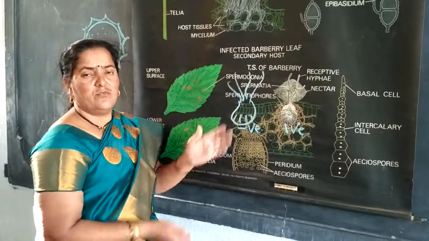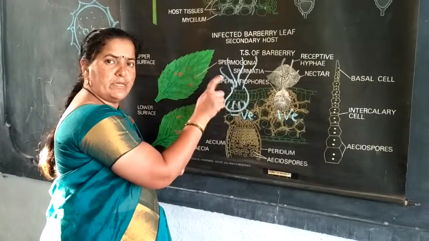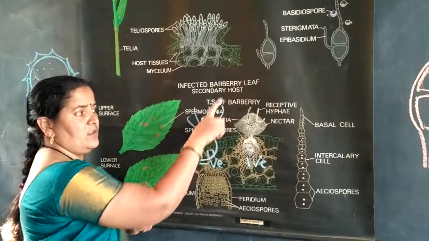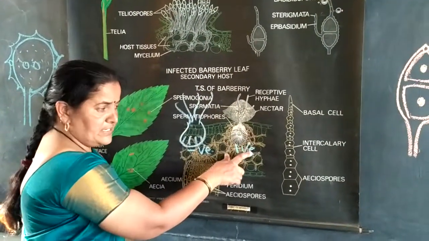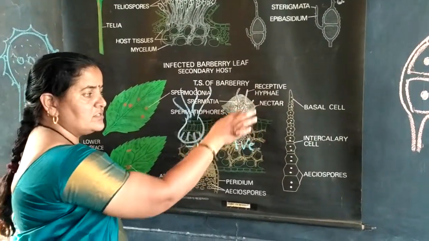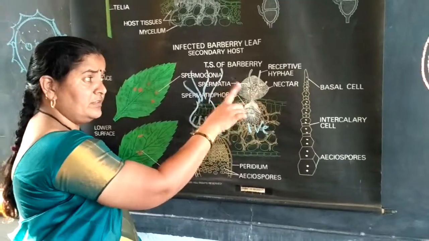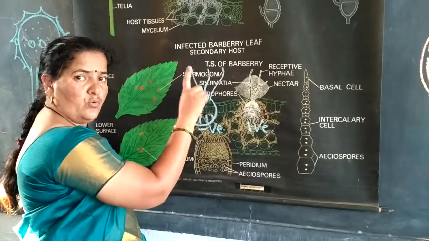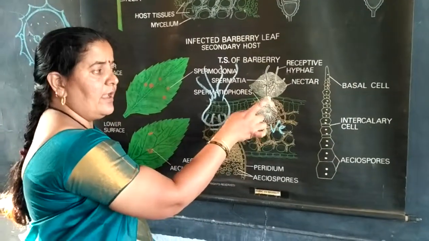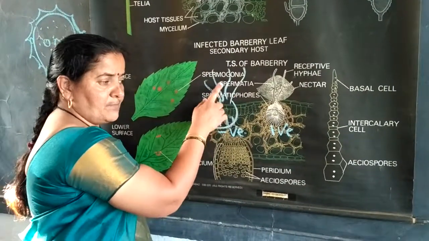When an insect visits the negative pycnidium, negative pycniospores get attached to the mouth part of that insect. When the same insect visits the positive pycnidium, it sits on the receptive hyphae and sucks the honey-like substance from the pycnidium. Then the negative pycniospores are attracted by the positive receptive hyphae and positive pycniospores are attracted by the negative receptive hyphae.